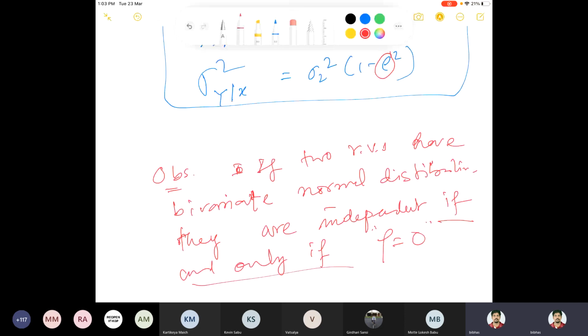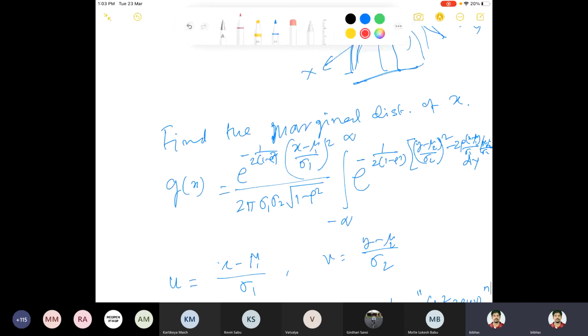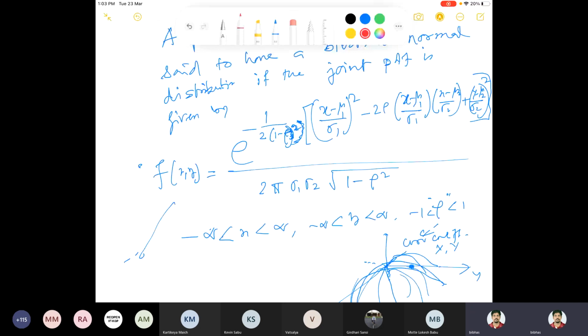What kind of questions may come is like, suppose you are supplied with a function of a very peculiar form, but you can put it in this particular form to observe that it is bivariate normal. From there you can find mu1, sigma 1, mu2, sigma 2, and then probably you'll be asked to calculate something.